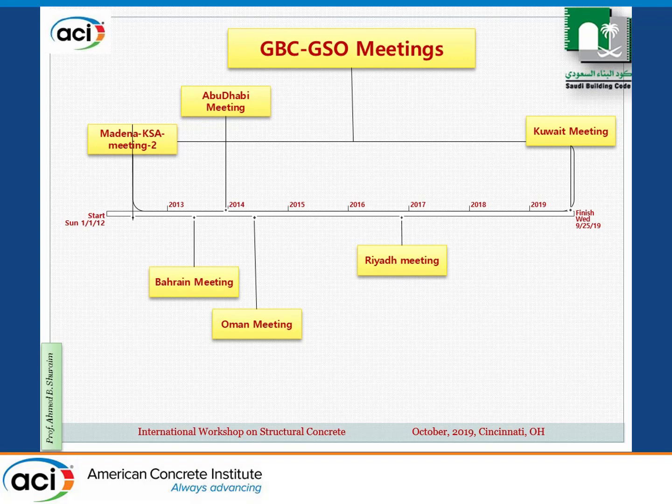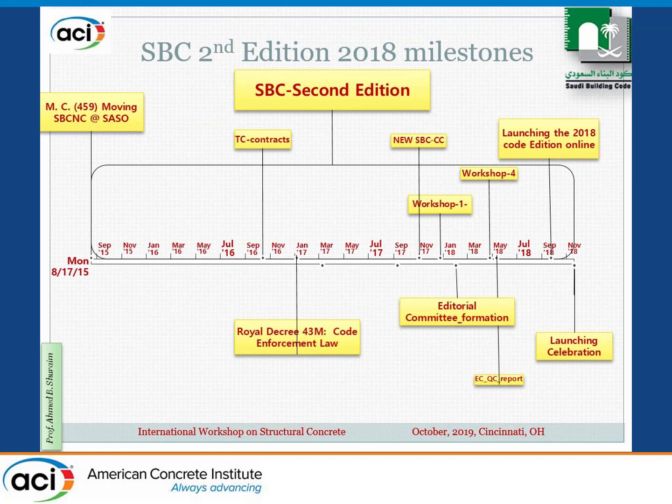So it will not be a different code; it will be the same Saudi Code, with some minor changes, but it will basically be the Saudi Code that will be used for the Gulf.